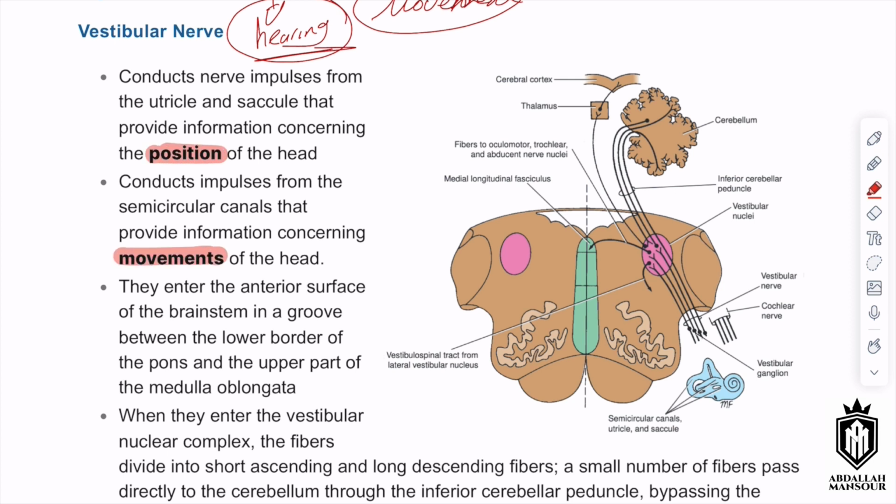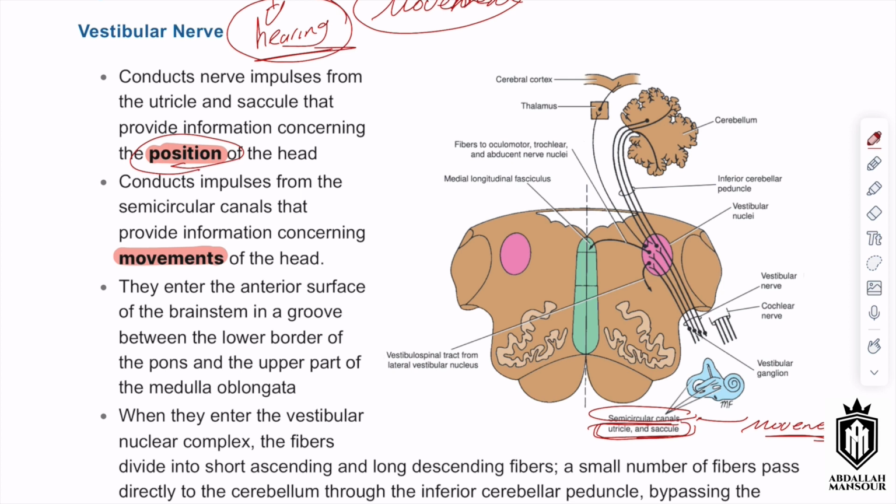So starting with the vestibular nerve, this one is going to be interested in the position and the movement. But what can control your position and your movement? There's something called the utricle and the saccule inside the semicircular canal. So utricle and saccule are responsible for your position, and the semicircular canal is responsible for your movement, all right? So the afferent will start from those two, okay?